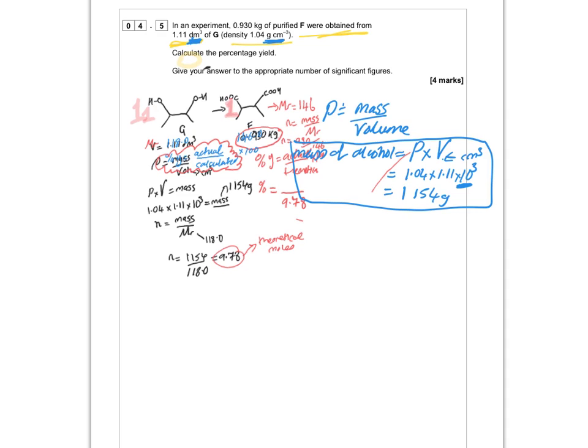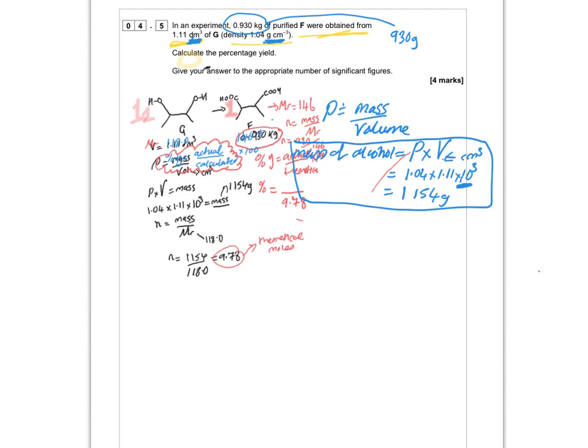We have the mass of the carboxylic acid. It tells us there it's 0.930. I'm going to convert that to grams, so times that by 1,000, that's 930 grams of compound F. So that's F, and there's the alcohol.